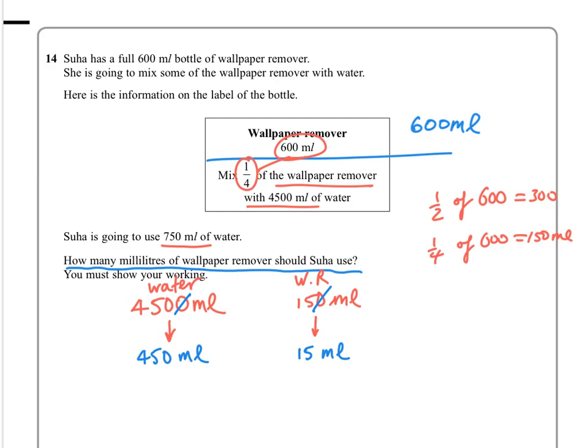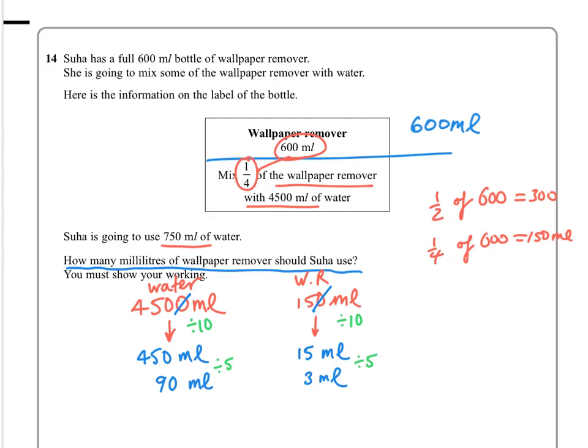Then I would divide both sides by 5, and that would give me 90 mils of water, would give me 3 mils of wallpaper remover. So I'm just going to write in what I did there in case you lose track. So I divided by 10 here, then I divided by 5 here. So I've got 90 mils here.